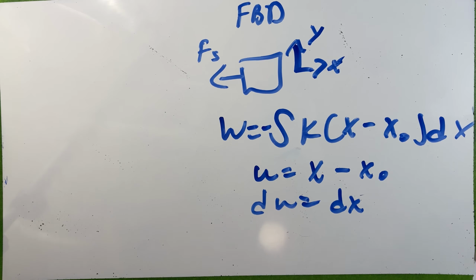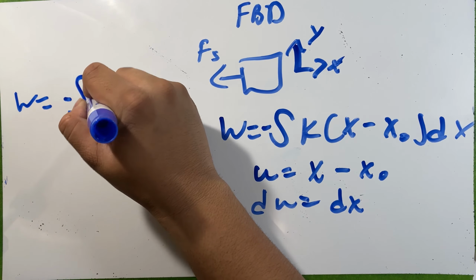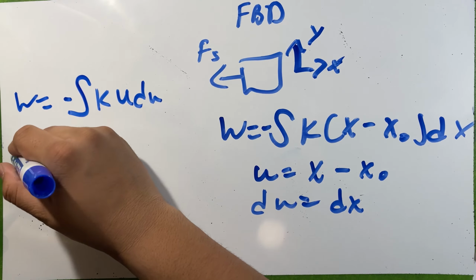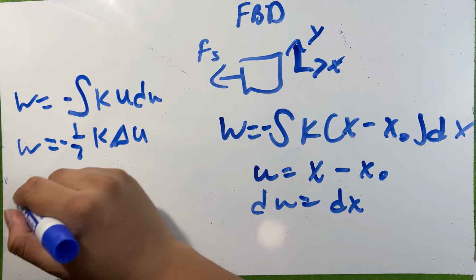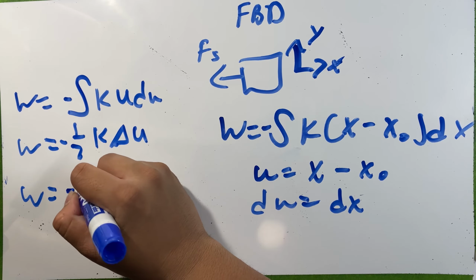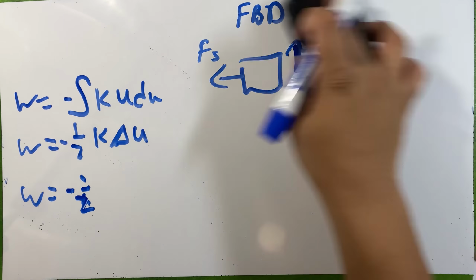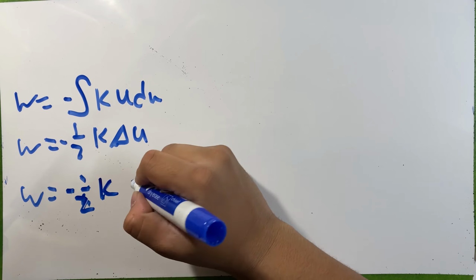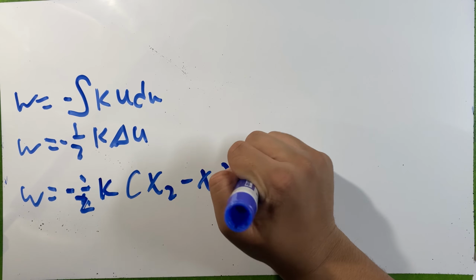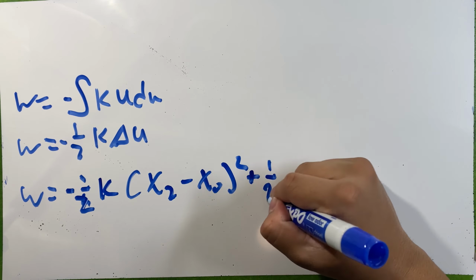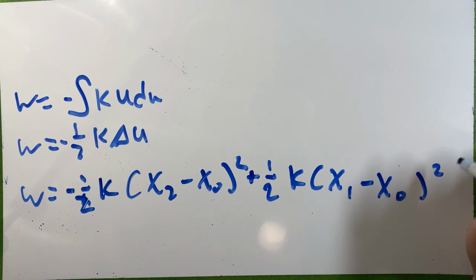So W becomes the integral of negative ku du, which integrates to negative 1/2 k delta u squared. In other words, writing out the full thing, negative 1/2 k (x2 minus x naught) squared plus 1/2 k (x1 minus x naught) squared.